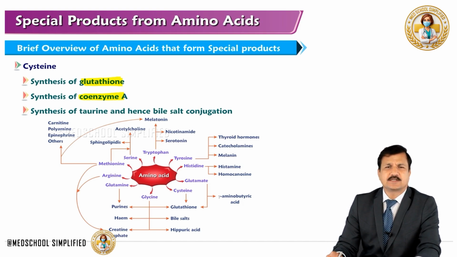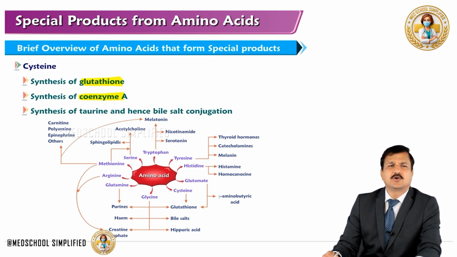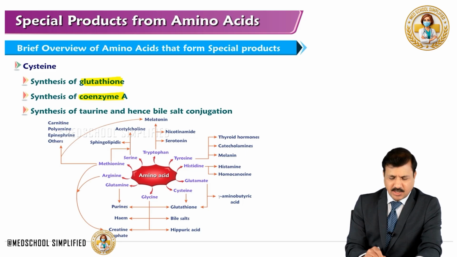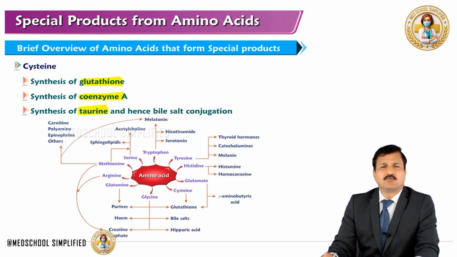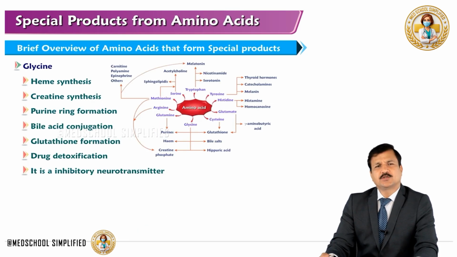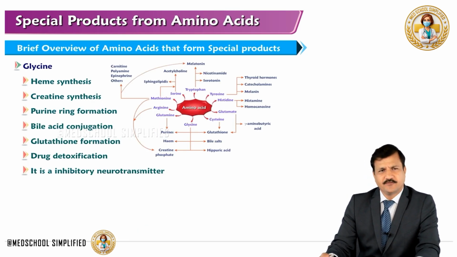Wherever CoA gets into the reaction in the form of reduced coenzyme A, CoASH, that's where cysteine comes in. And also cysteine will form taurine, and taurine is involved in the conjugation of bile acids like taurocholic acid and taurochenodeoxycholic acid.